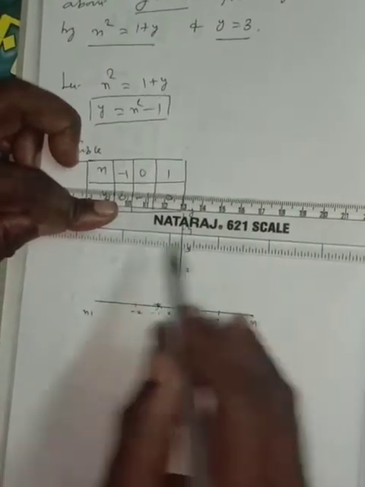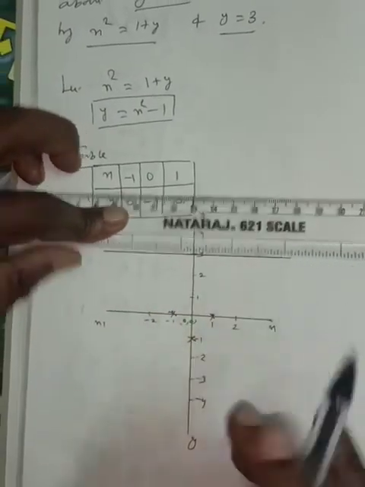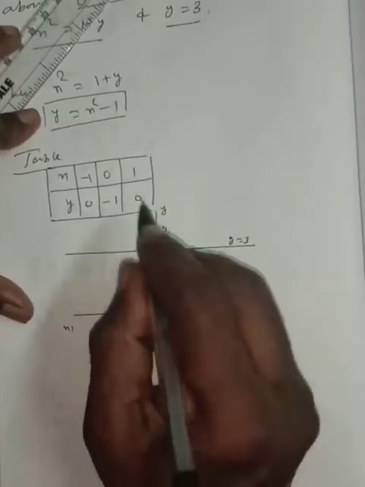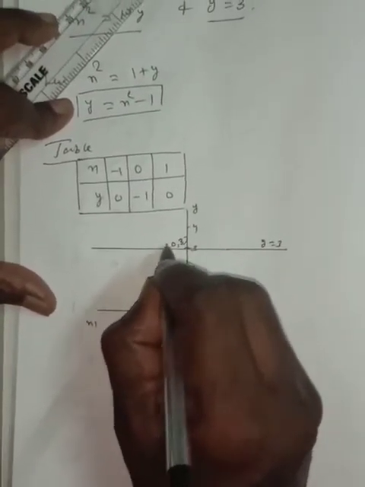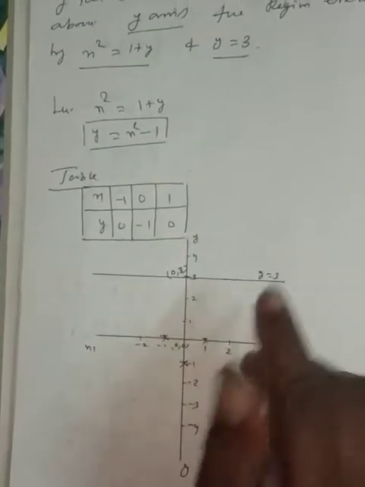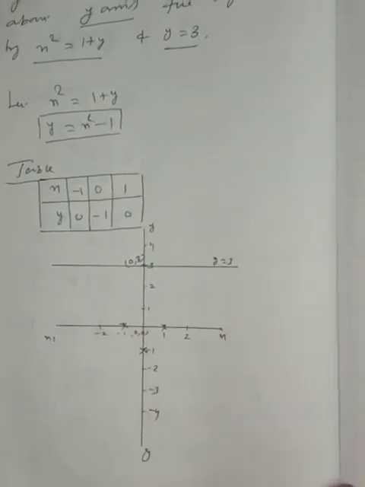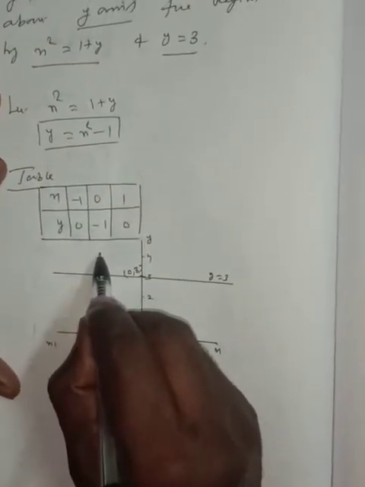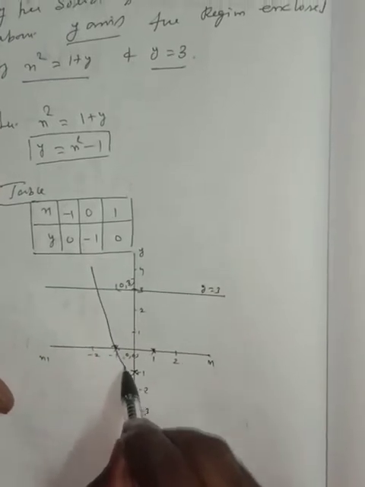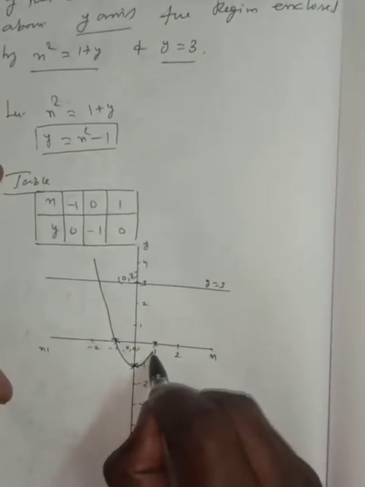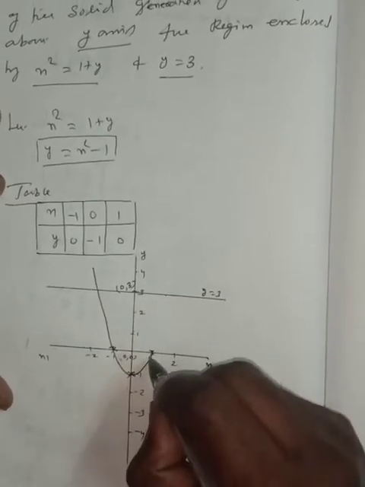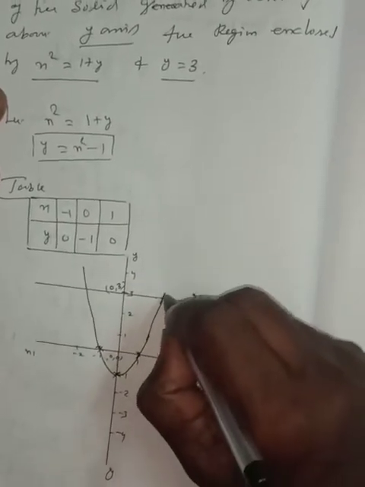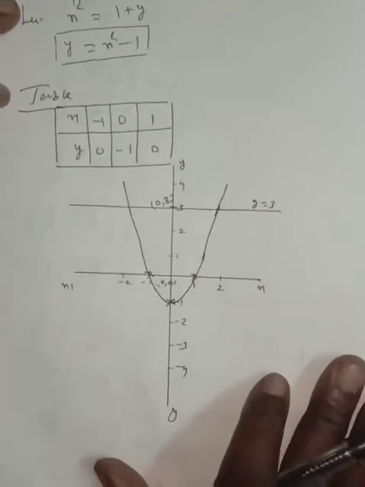Now this is y is equal to 3. The point is 0, 3. This is a straight line y is equal to 3. Now the diagram is, okay, this is the diagram.